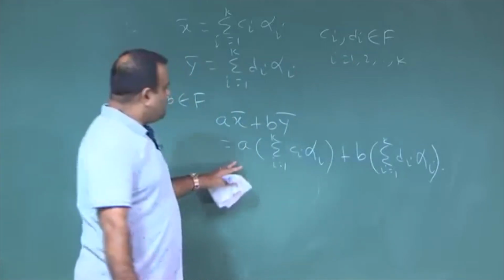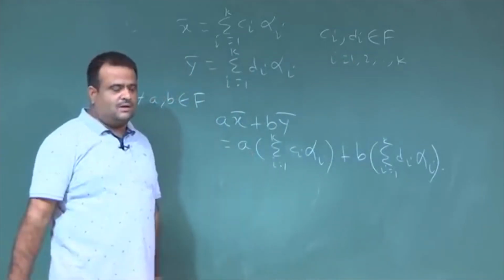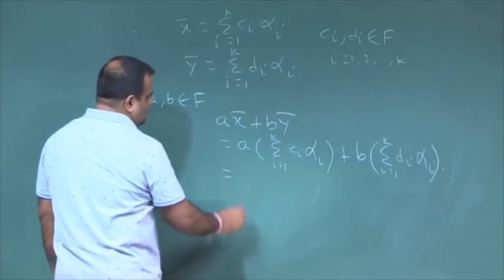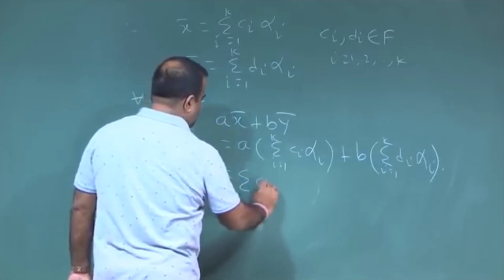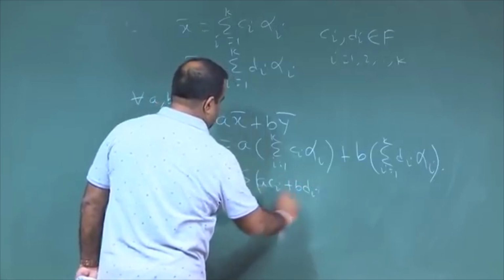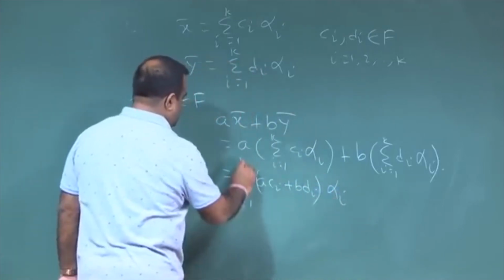Now, if we use the properties of scalar multiplication along with the associative property of vector addition, we can just write this as the sum of (a C I plus b d I) times alpha I, I from 1 to k.